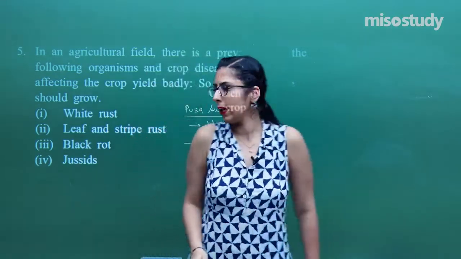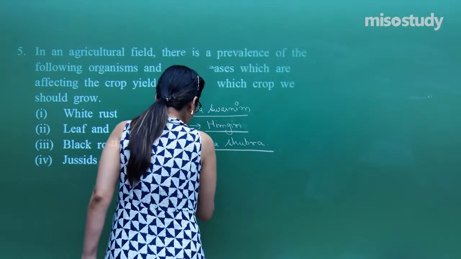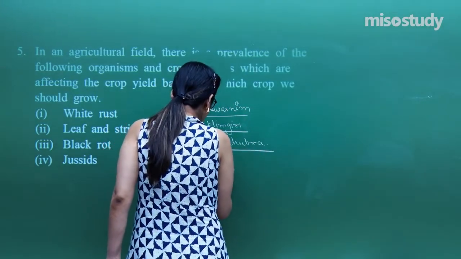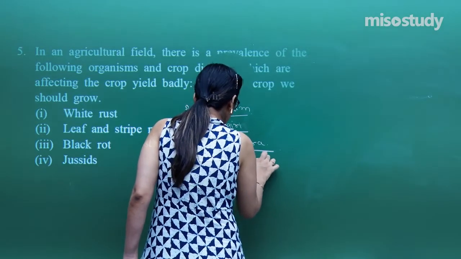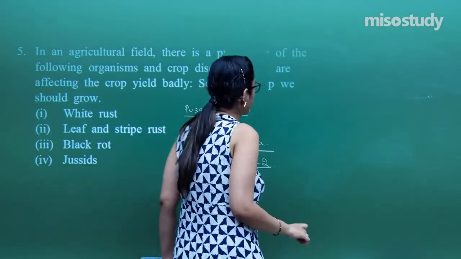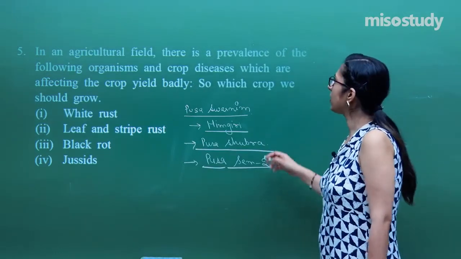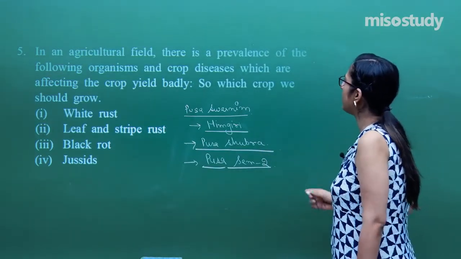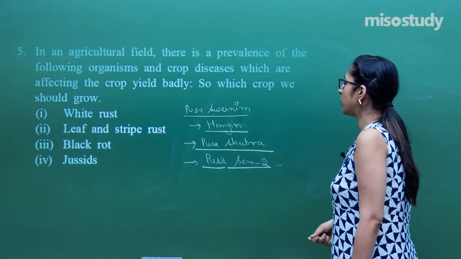Right. Here the last one is jassids. For jassids we have a variety which is Pusa Sem 2. These are the different varieties which are available. First is Pusa Swarnim, second is Himgiri, third is Pusa Shubhra, and fourth one is Pusa Sem 2.